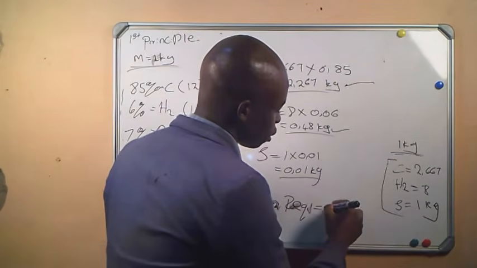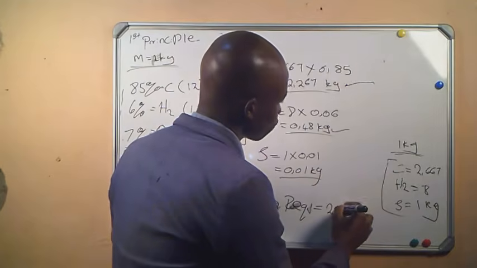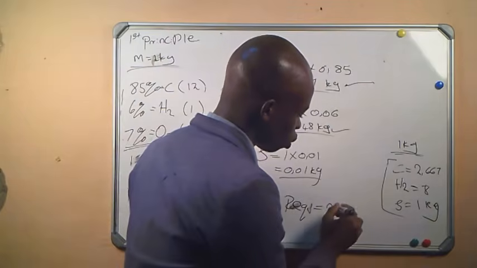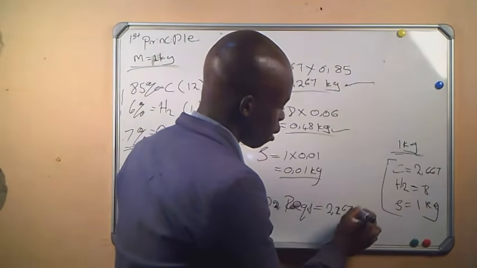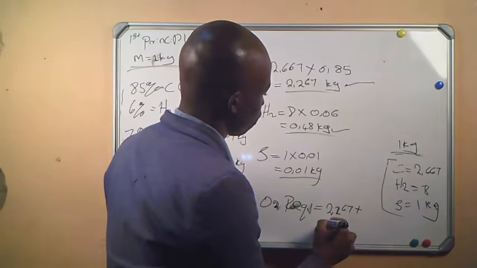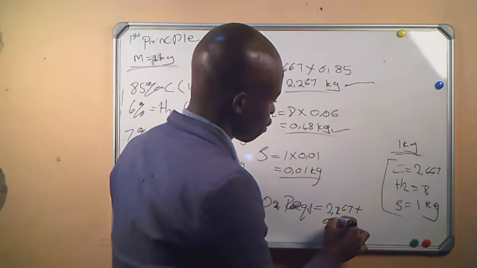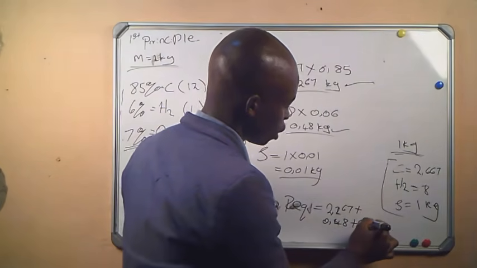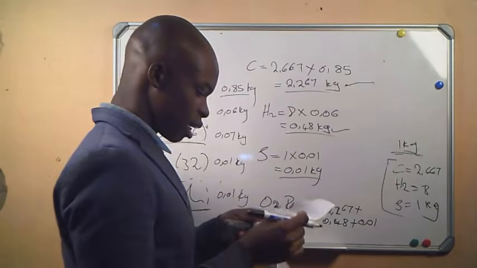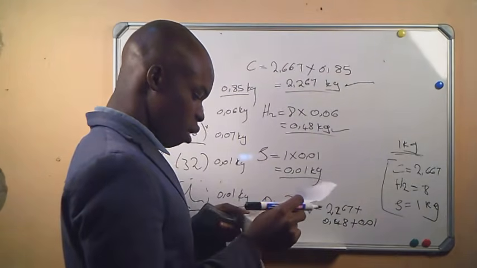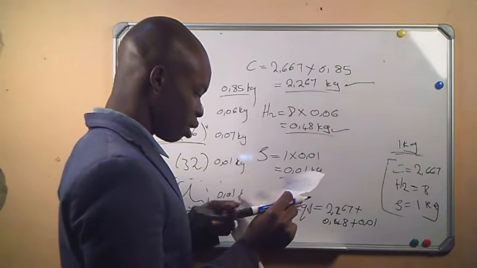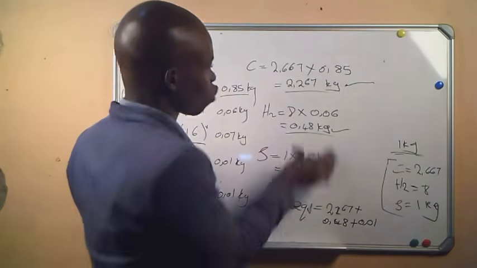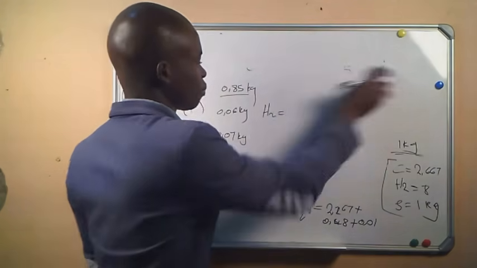The sum of these oxygens, which is 2.267 plus 0.48 plus 0.01, I will go ahead and erase these ones because we already have them now here.